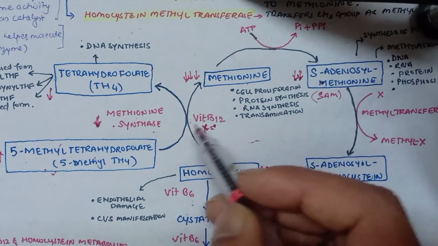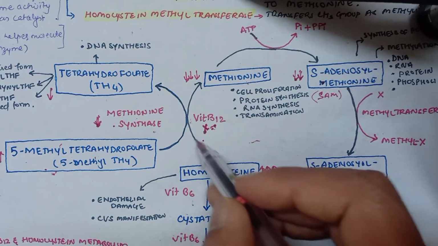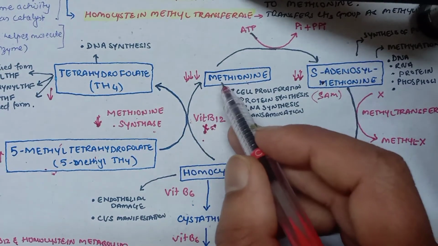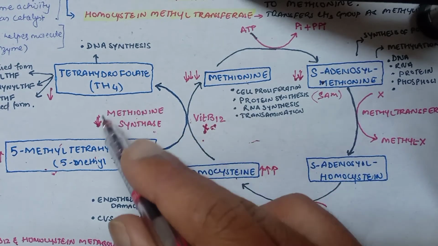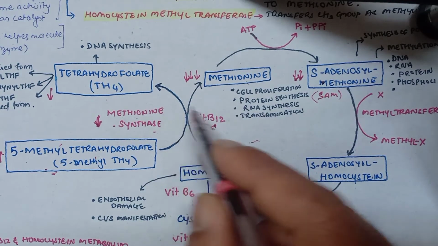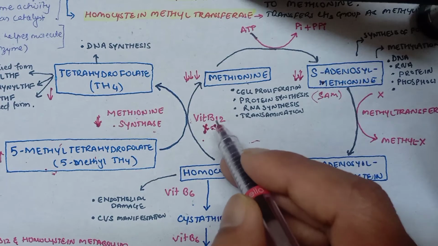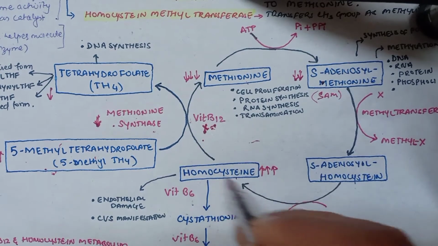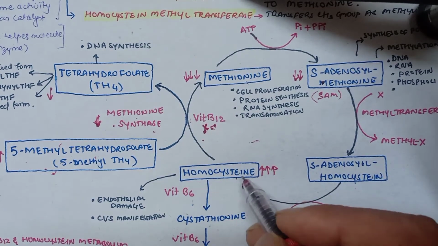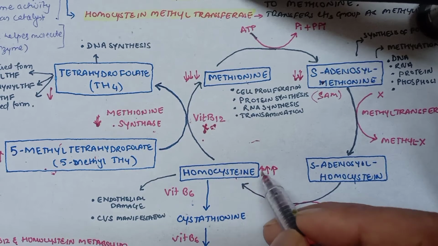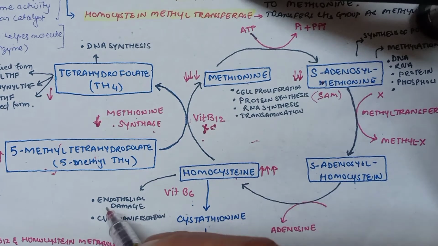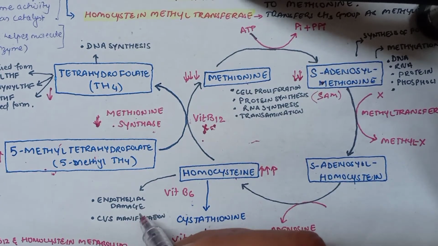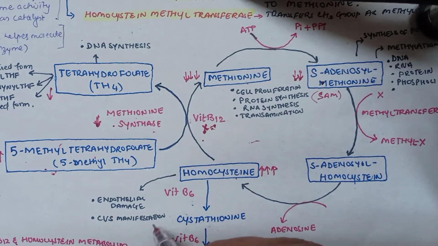And because homocysteine is not getting converted into methionine due to reduced activity of methionine synthase in vitamin B12 deficiency, it leads to increased concentration of homocysteine. So when there is a rise in homocysteine level, it causes endothelial damage, and the patient will present with cardiovascular manifestations.